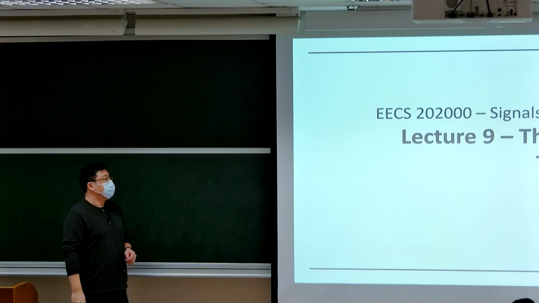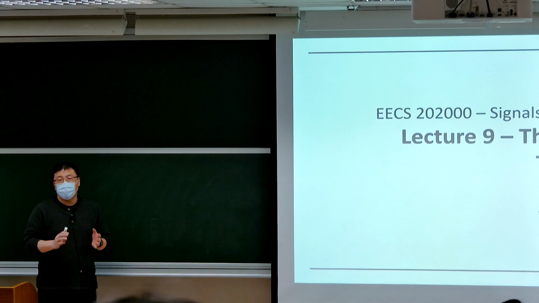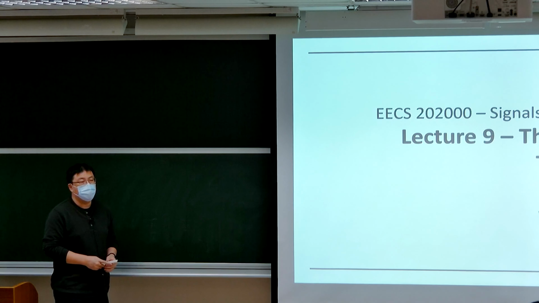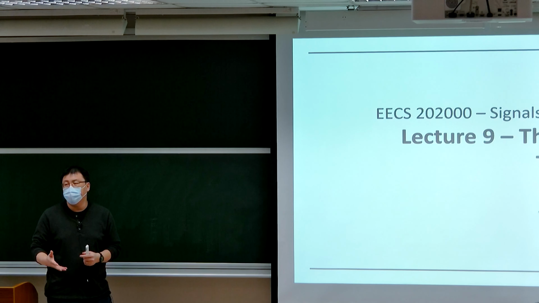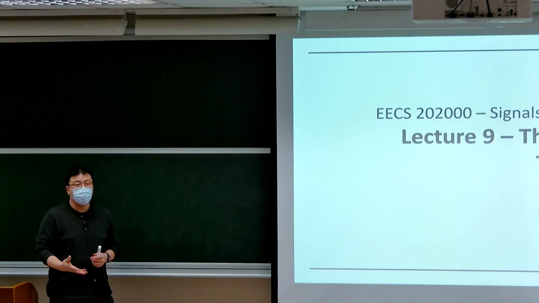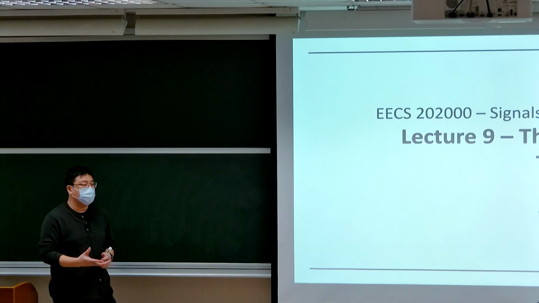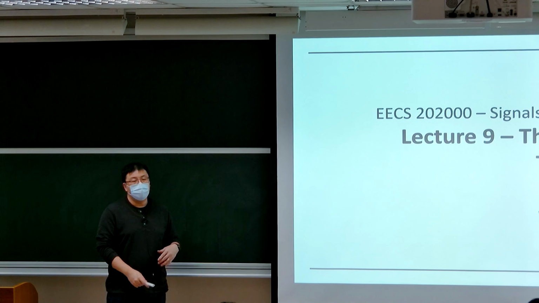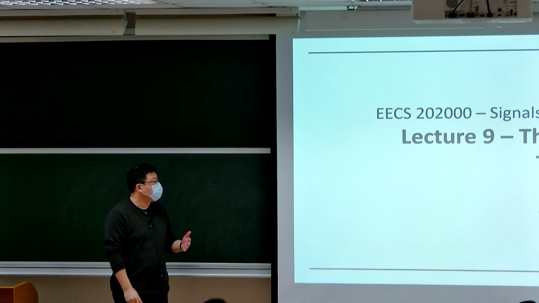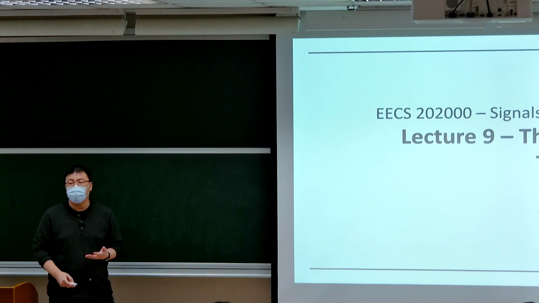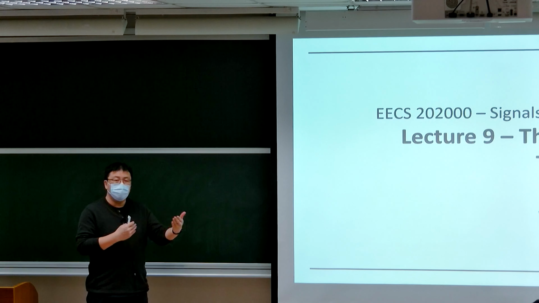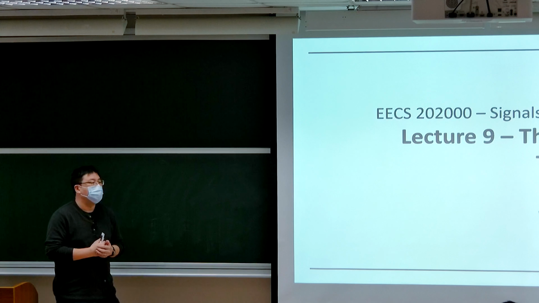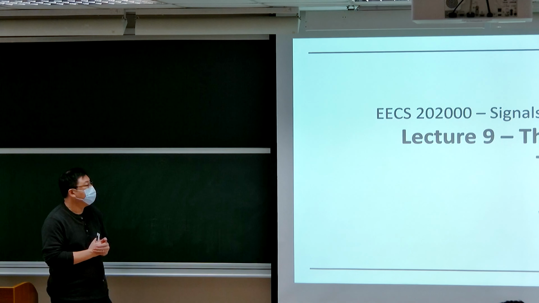The Laplace transform you can think of as the generalization of the Fourier transform for continuous time signals. Assuming you understand the Fourier transform, it should not be difficult to extend to the Laplace transform case.